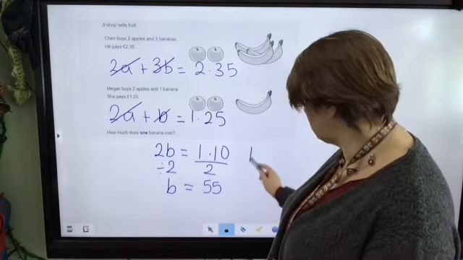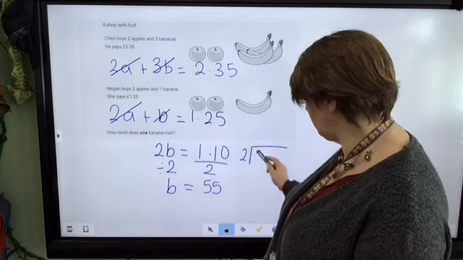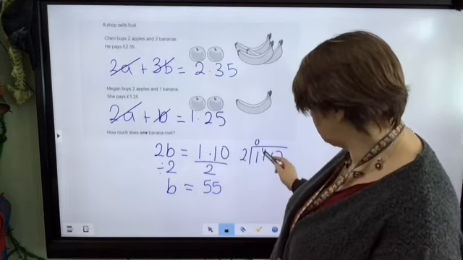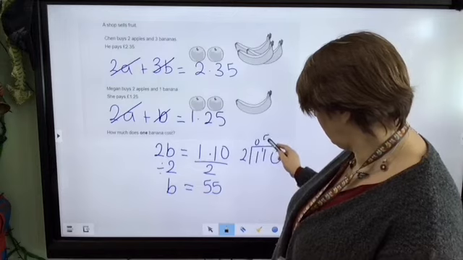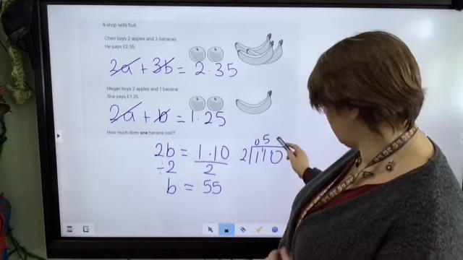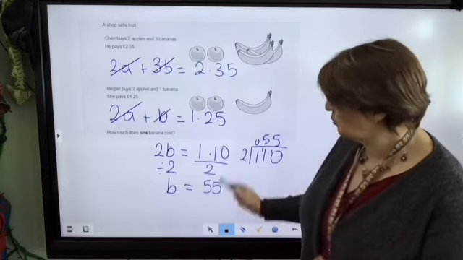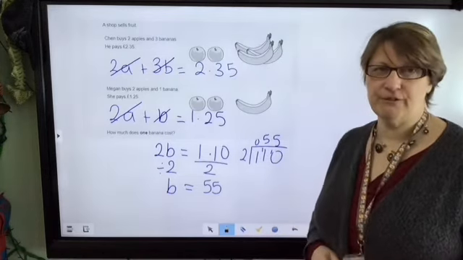If I wasn't sure how to work that out, I could do it as a bus stop. 2's into 1 don't go, 2's into 11 go 5, carry the 1, 2's into 10 go 5. So again 55 pence. So 1 banana will cost me 55 pence.